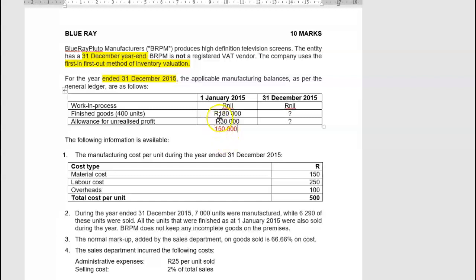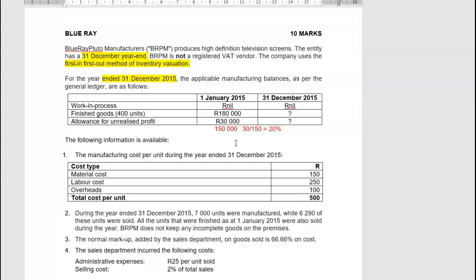Why? Because I take out the unrealized profit when I disclose my value of inventory in the statement of financial position, because I have to show the cost price. So if my actual cost price was 150,000 and I add the 30,000 rand I had as unrealized profit, then I can work out the unrealized profit percentage, and that equals 20%.